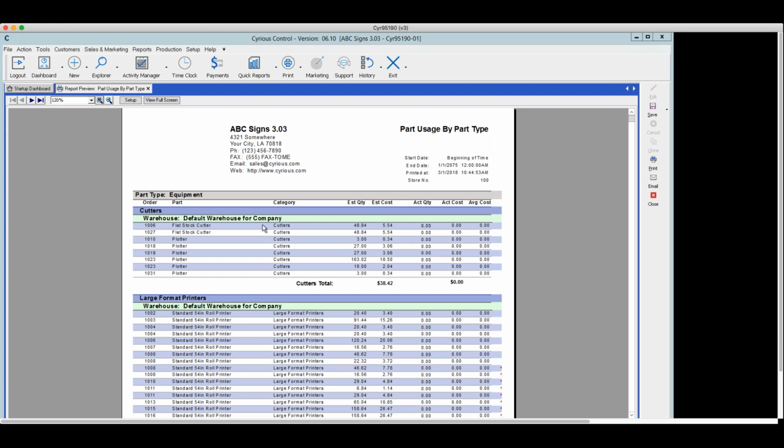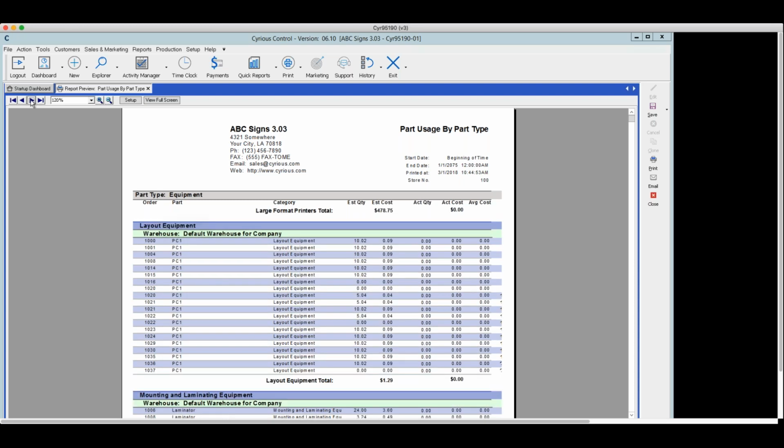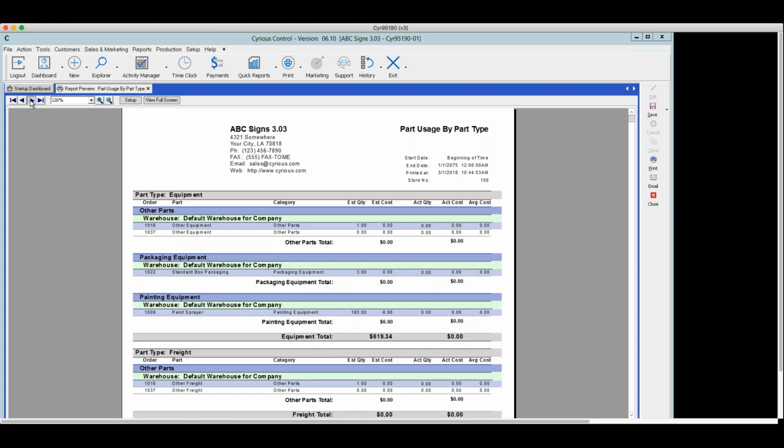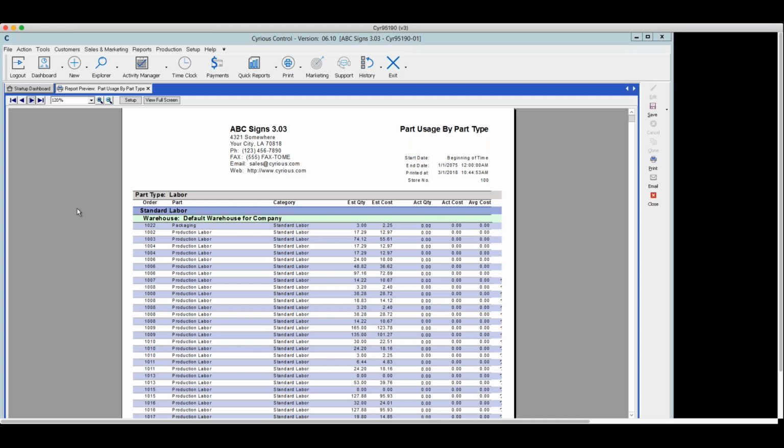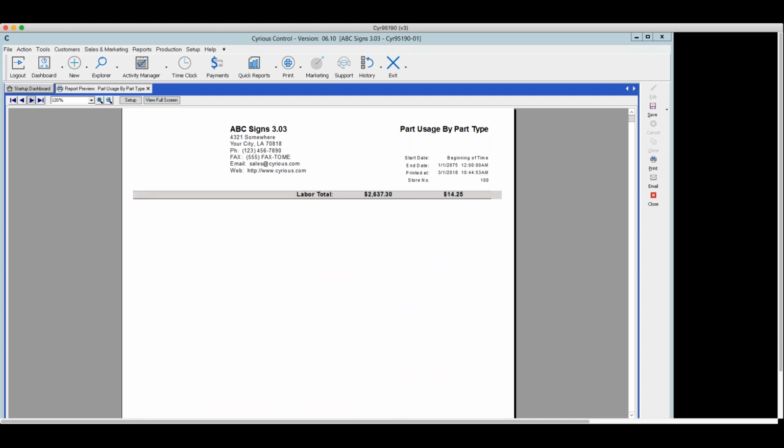All of that is what's captured in this report, and I've got very limited data, but this report is 15 pages, so it's extremely large. The typical report for a year's worth of data is probably well in excess of 300 pages long.